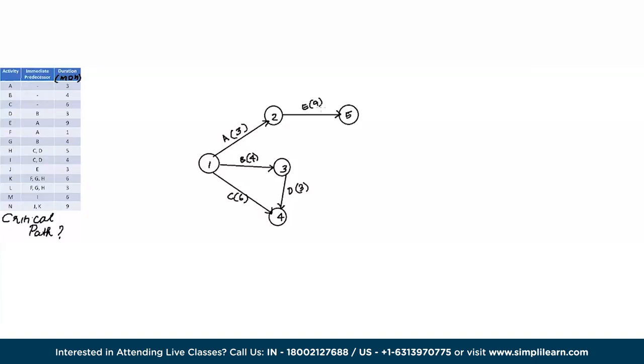Right then, now let's go to F. F is preceded by A. But at the same time, let's have a look at where F is used. F is also an immediate predecessor of K, which is a combination of F, G, H. So let's come back to F in a bit.